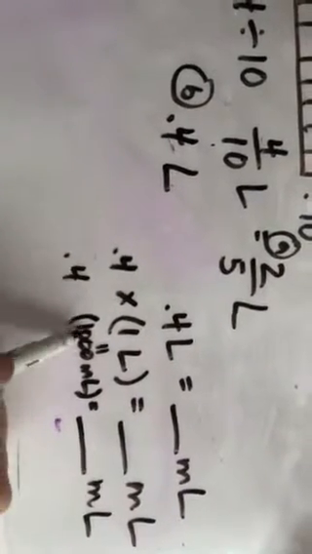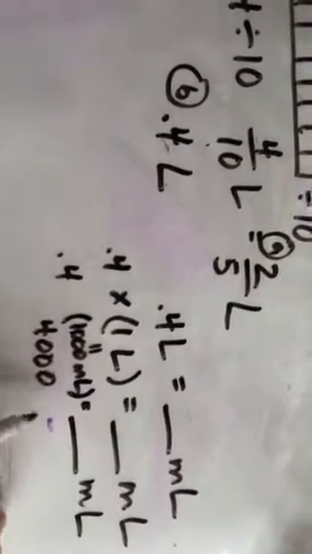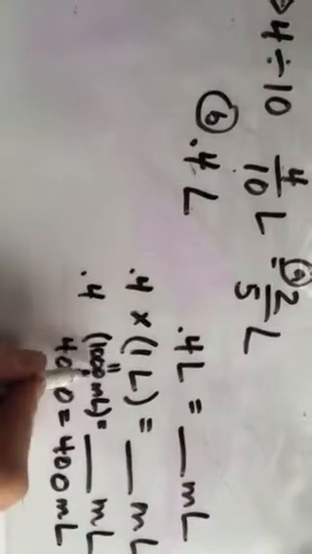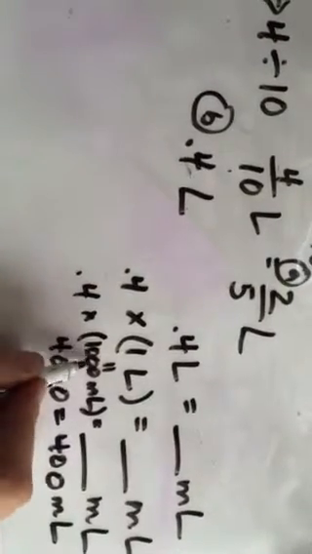I could say 4 times 1,000 is 4,000, and I've got 1 decimal place here. Or I could say I'm multiplying by 1,000. That's 1, 2, 3 zeros. So I'm going to take my decimal and go 1, 2, 3 places, and that'll get me 400 milliliters. Great. Now it's time to try the problem set.